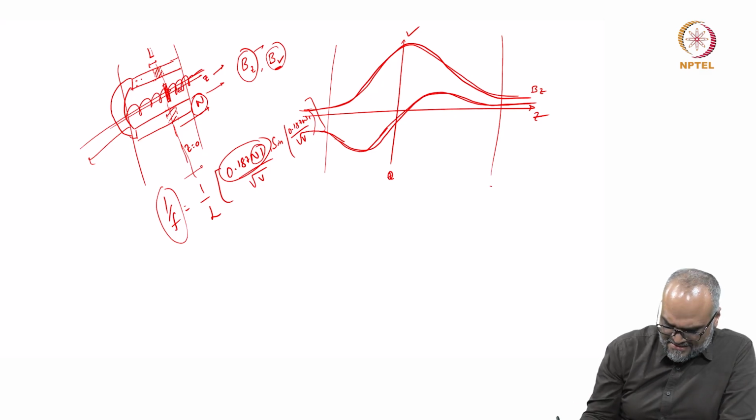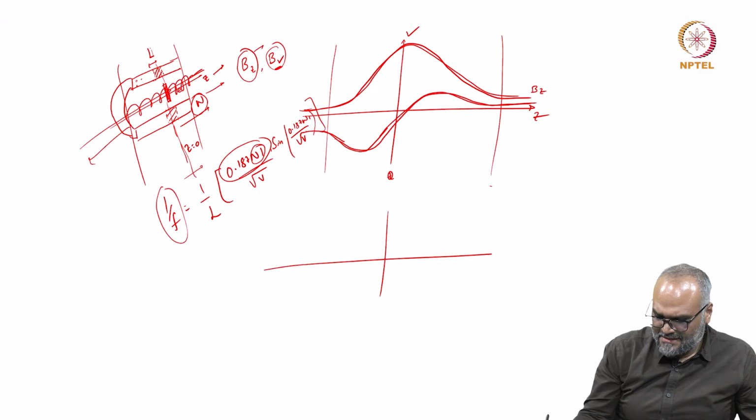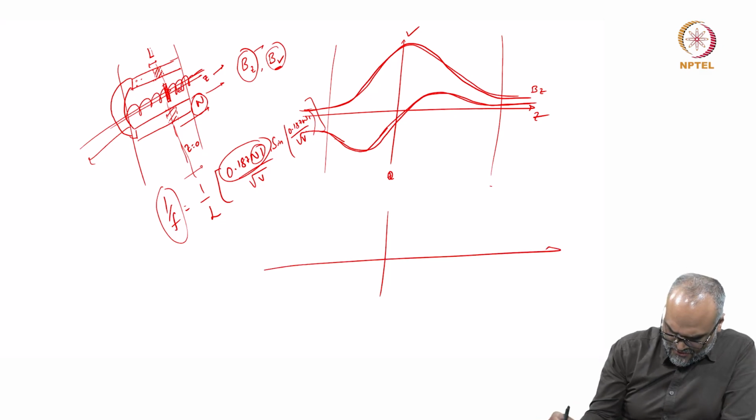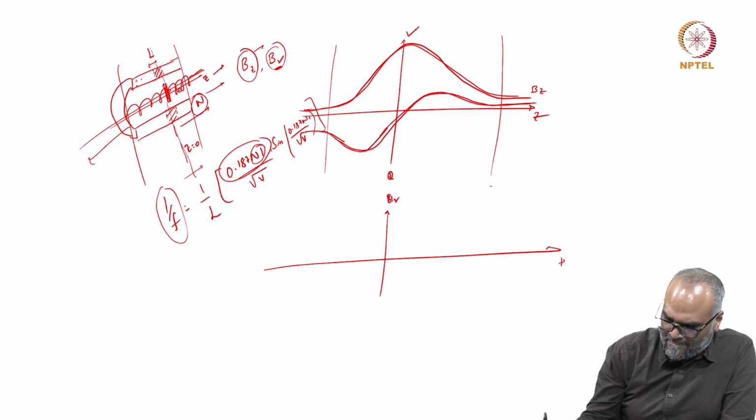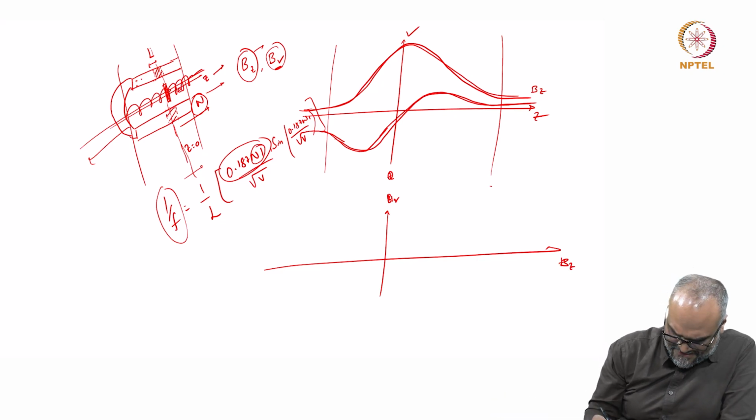electromagnetic lens. So, if I draw the field distribution in such a configuration, here is my radial component and here is my longitudinal component along the optic axis of the microscope.